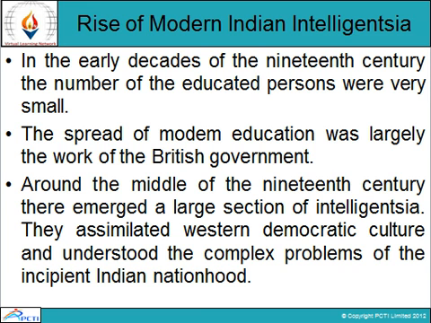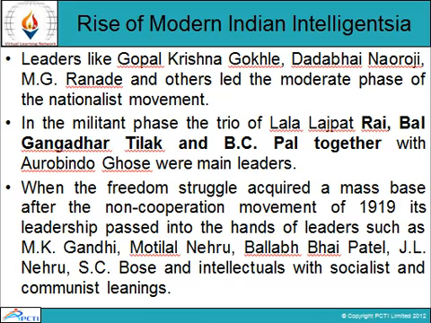Around the middle of the 19th century, there emerged a large section of intelligentsia. They assimilated Western democratic culture and understood the complex problem of incipient Indian nationhood. Leaders like Gopal Krishna Gokhale, Dadabhai Naoroji, M.G. Ranade, and others led the moderate phase of the nationalist movement.